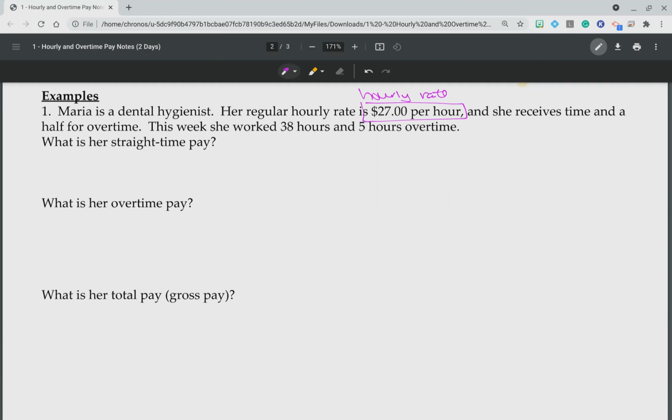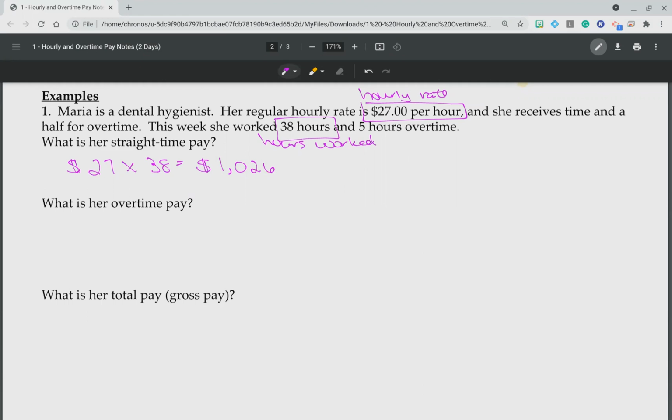Remember, our straight pay formula was to take the hourly rate and multiply it by the hours worked. So to find her straight time pay, we're going to take $27 and multiply it by the 38 regular time hours that she worked. So go ahead and type that into your calculator, 27 times 38. And Maria's straight time pay is going to be $1,026.